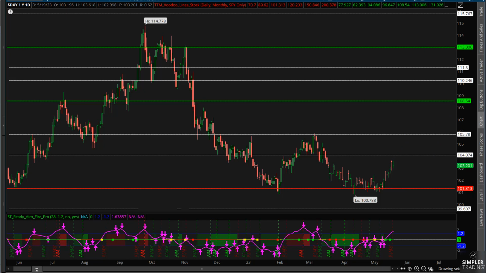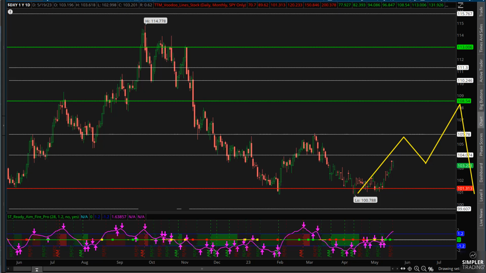So I'm thinking something roughly a 61.8% retracement, something roughly towards the area of this 108.54 Voodoo tree line would be a place that we could bounce to before turning back down.